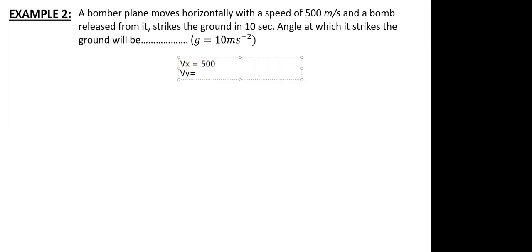If we use v equal to u plus at, then we will get 10 into 10, that is 100 meter per second. So tan theta is equal to Vv upon Vh, that is 100 upon 500, so 1 upon 5. Correct. So it's vertical by horizontal that will give you the angle with the ground. Okay, thank you.